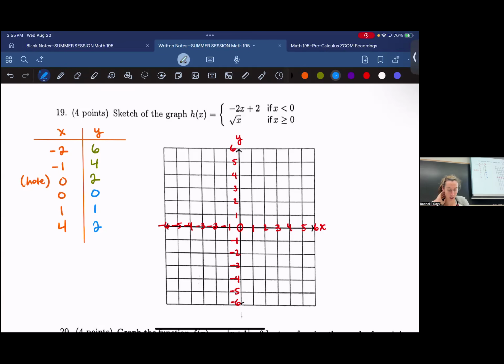Now we're ready to plot (-2, 6), (-1, 4), and (0, 2). So this is our linear part of the function. And then we have (0, 0), (1, 1), and (4, 2). And this is our root part of the function.